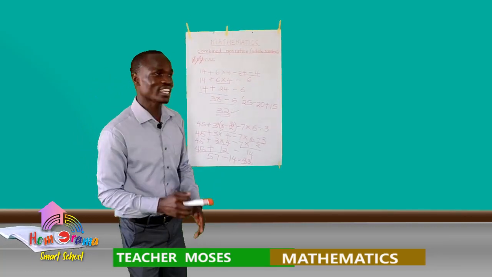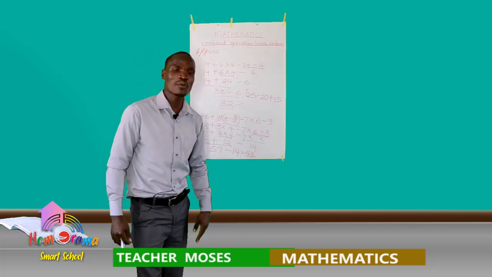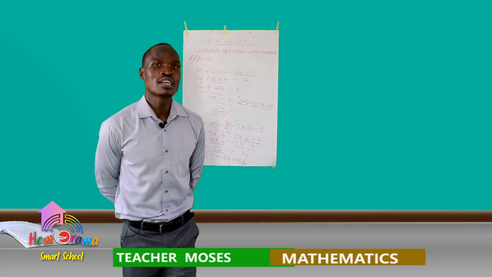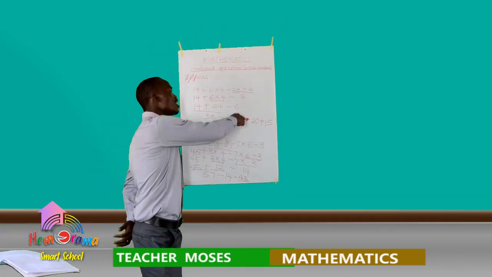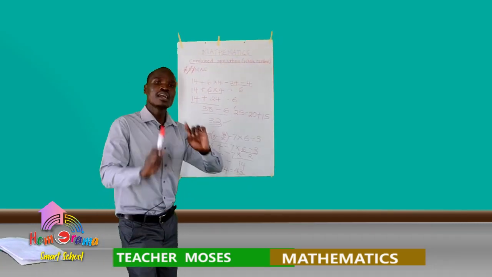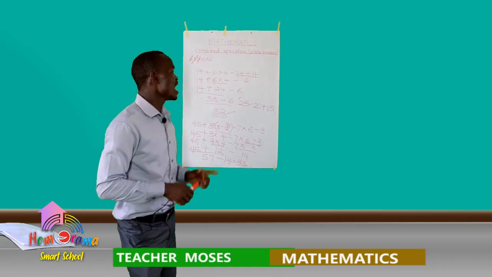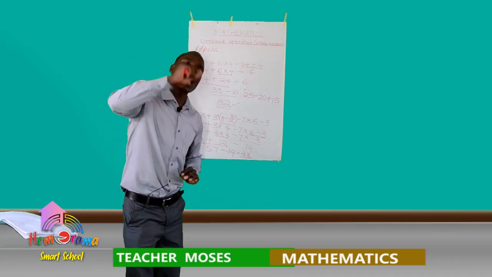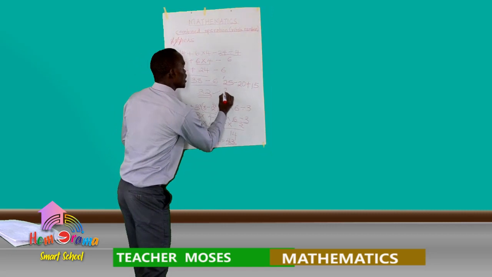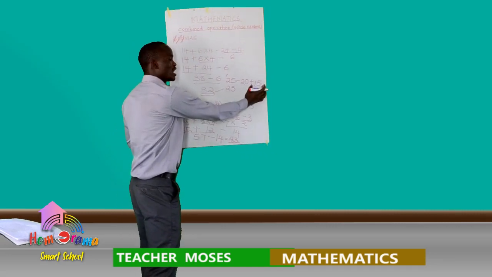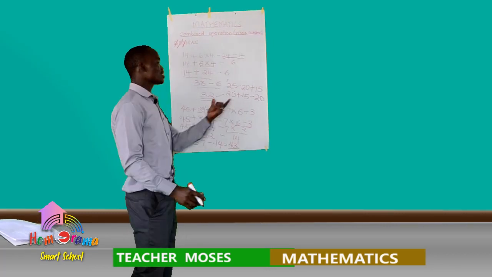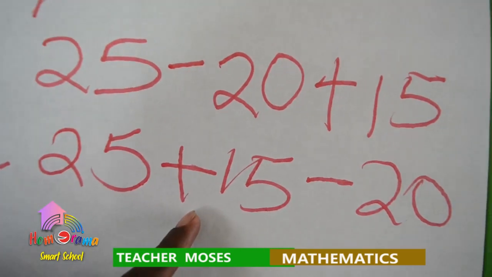No. In this case, we are going to rearrange. And so therefore, if you remain with subtraction, then addition, rearrange. And when you are rearranging, it means all the numbers that have a plus sign, you bring them together. Therefore, we will start with 25, then pick this plus 15, then have minus 20. So that you now add this, then subtract that.